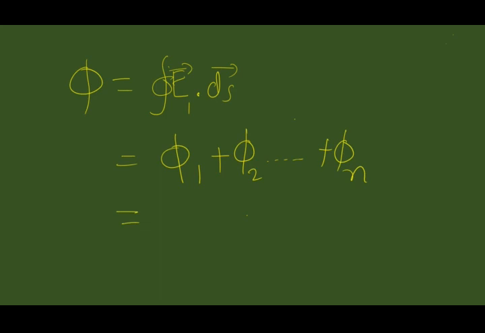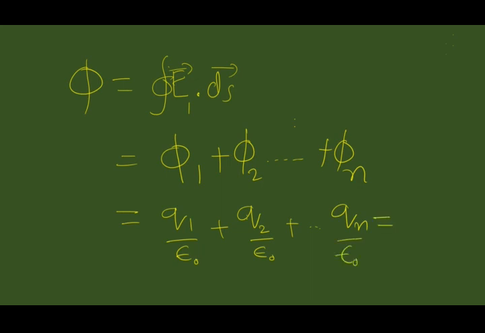And since for an individual charge Gauss law holds good, which we have already proved in step 1, this is nothing but q1 divided by epsilon naught plus q2 divided by epsilon naught, so on, qn divided by epsilon naught.